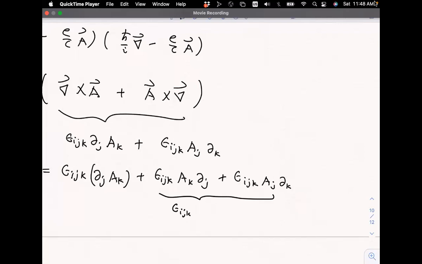Because here J and K are dummy variables, you can interchange J and K. Then this will be K, this will be J. Then you have epsilon IJK summed over KJ and A_K, and this thing is 0 because they're negative of each other. So it's 0.